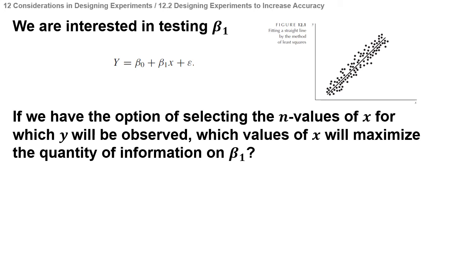Let's consider another example. We are interested in testing beta 1. In our model, y equals beta 0 plus beta 1 x plus epsilon, we are interested in testing the slope parameter beta 1. If we have the option of selecting n values of x at which y will be observed, which values of x will maximize the quantity of information on beta 1?